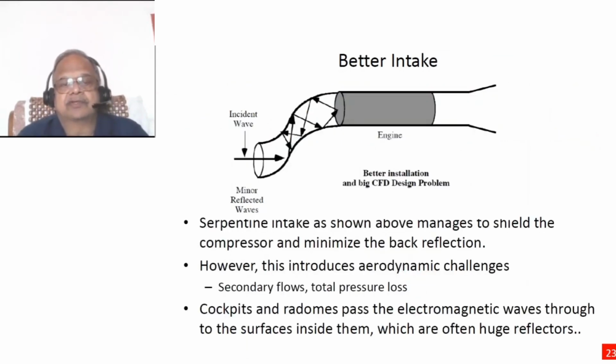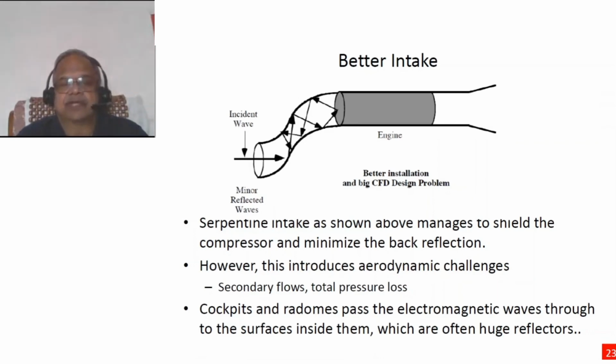So one way to try and reduce this is what's called a serpentine intake, as shown above. What this does is, as you can see, there's no direct line of sight for the incoming wave to the compressor blades.